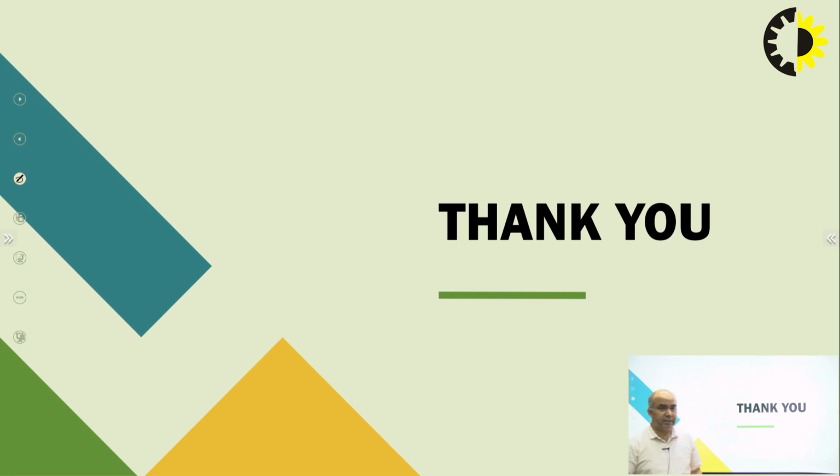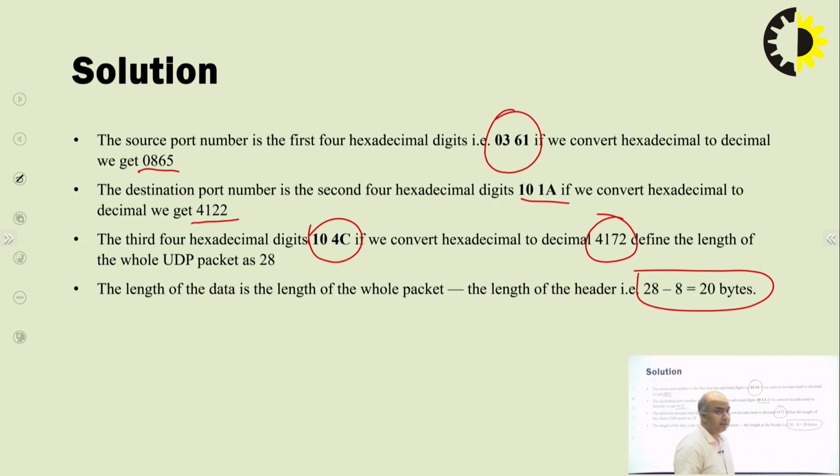Now the question that generally comes to mind is why we have to convert these into decimal values. Can the student place these numbers directly? I suggest that students must convert these hexadecimal values into decimal values. Why?